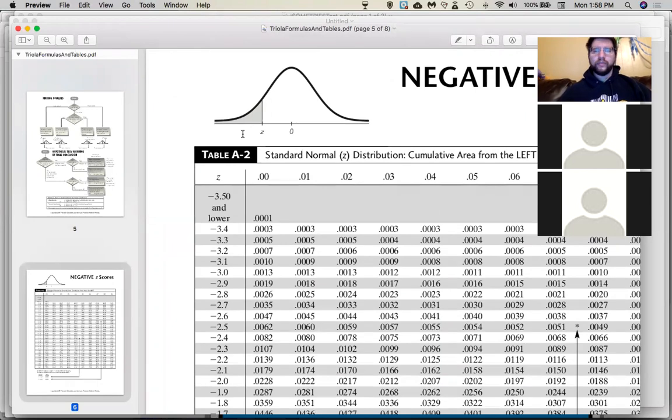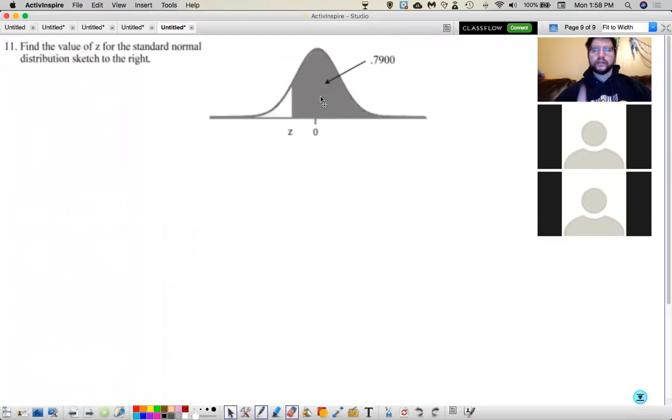So to get the area to the left, we know the whole area is 1, because that is the probability. The highest probability you can have is 1. So I do 1 minus 0.7900. That's going to give me 0.2100. And that's going to be my area to my left. So that's going to be this shaded region here in yellow.